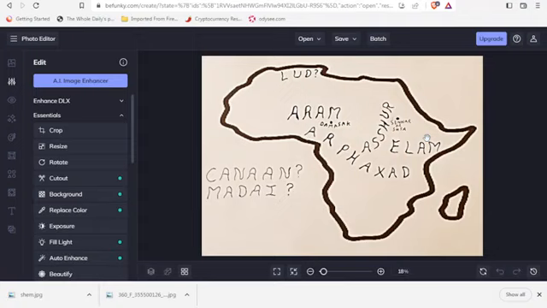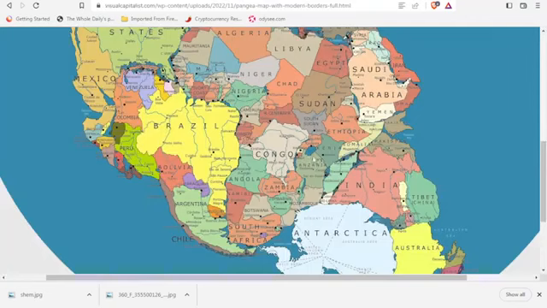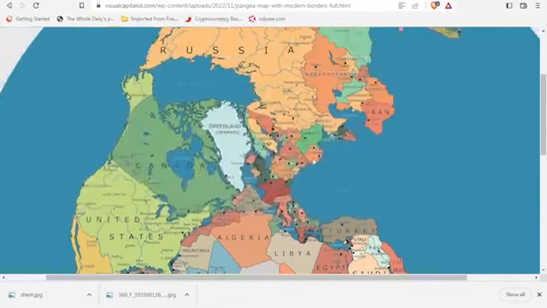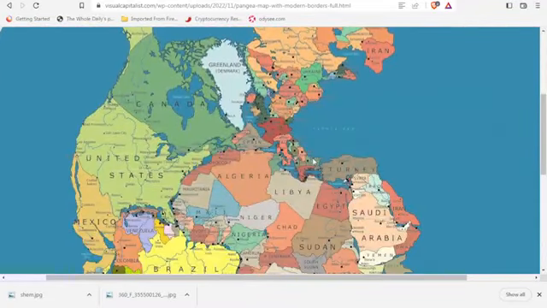But then one of our viewers was saying that we mustn't rule out and forget about the idea of Pangaea. Let me show you a map. This idea of Pangaea, a single landmass, and the idea that the Earth's changed a lot. Maybe the Earth's changed a great deal since the 3 sons divided the Earth.